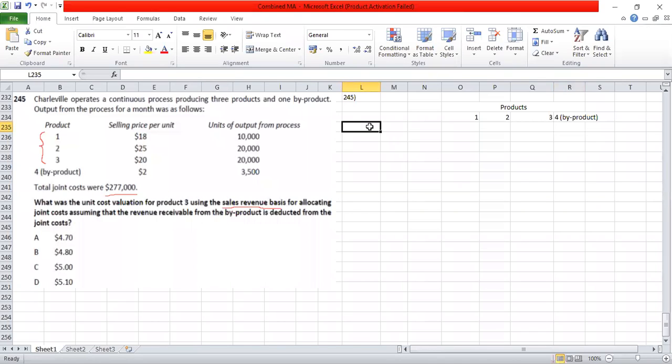What's the basis of apportionment? It says sales revenue. But for sales revenue, first we have the selling price.